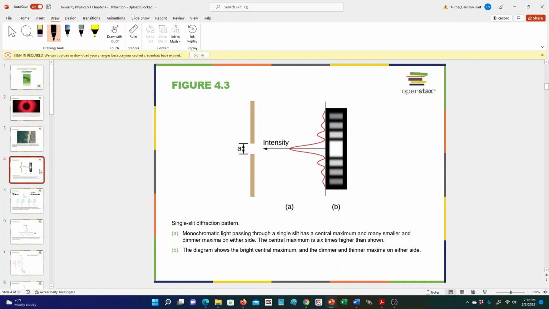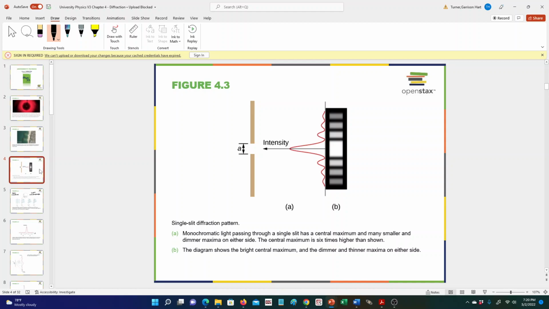Assuming that's not the case, then you will see a pattern like that shown on the screen, where you have a very bright central spot, and then you'll get a pattern of dark and bright fringes that spread out on either side. Now, this is reminiscent of double slit interference, but the phenomenology is slightly different.